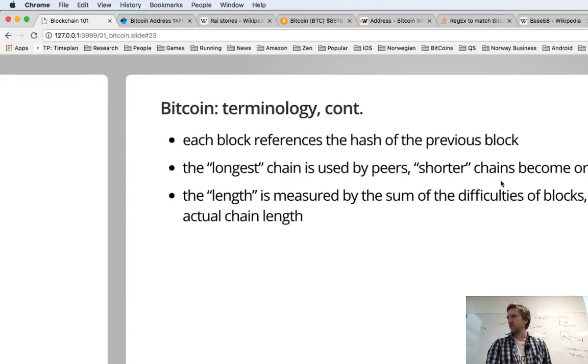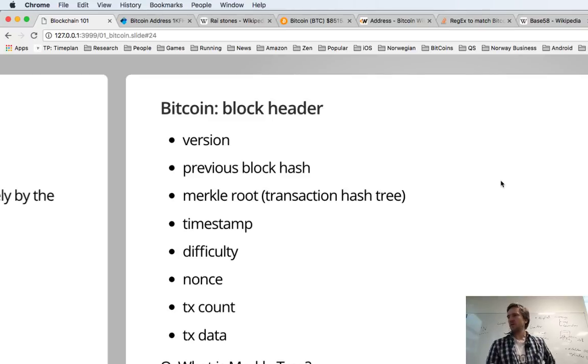So the block consists of the version of the protocol, the previous block hash, so you root it at the previous block, a Merkle root for all your transactions, so the hash of all the transactions that are in the block, the timestamp, current difficulty, transaction count, and transaction data, so all of this, and the nonce.